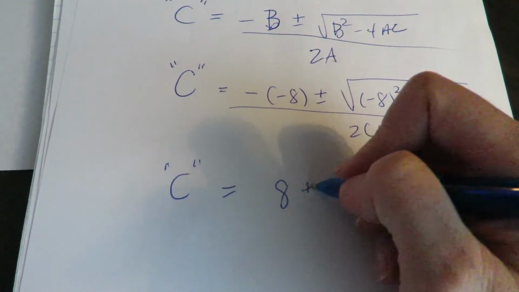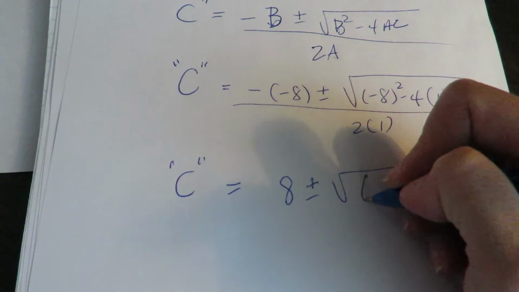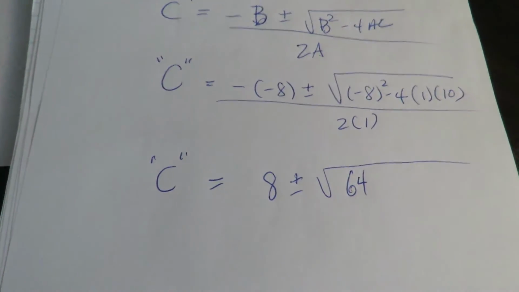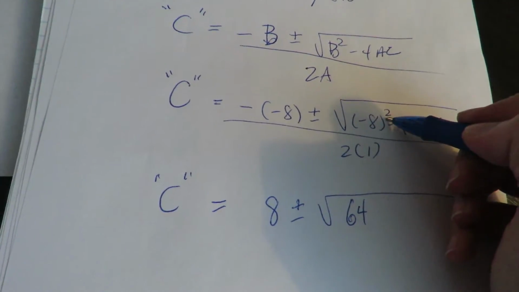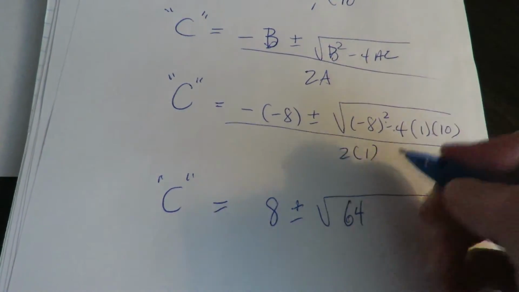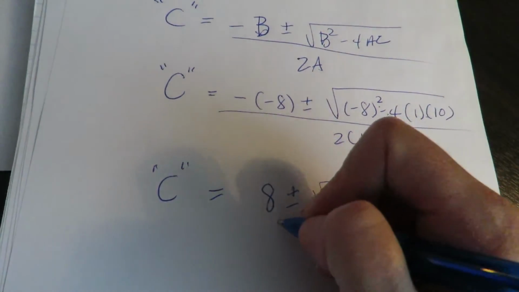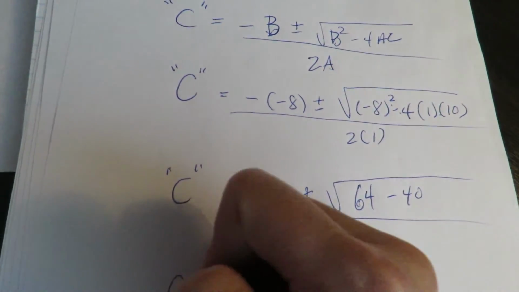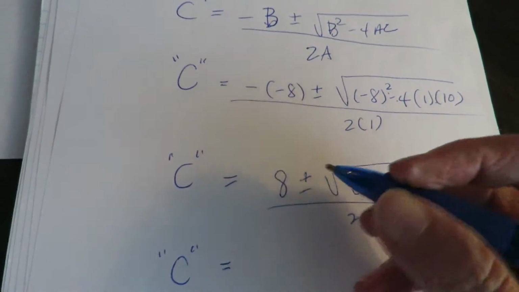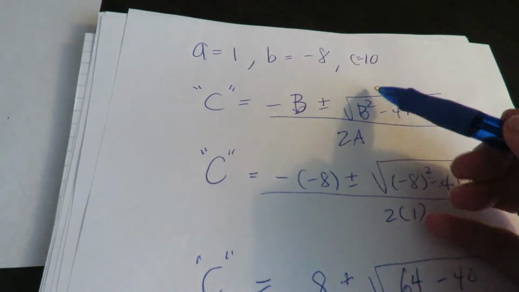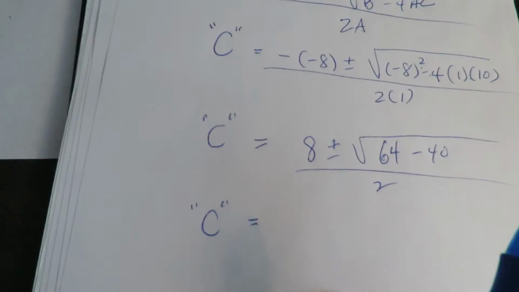All right, double negative there makes a positive. Make sure when you square it, you square all of it, so that becomes positive 64. I'm just putting C in parentheses because I don't want you to confuse it with the C in the formula.